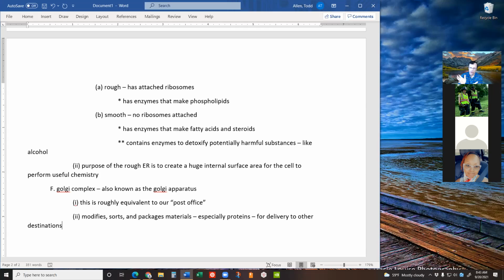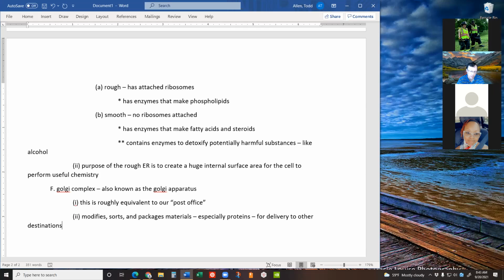manipulated, packaged. And the purpose of doing that is so that machinery in the cell knows where the cargo, the protein, is supposed to be delivered, because some proteins should be delivered back into the nucleus. Other proteins should be delivered to the endoplasmic reticulum. Others should be delivered to the plasma membrane on the border of the cell.